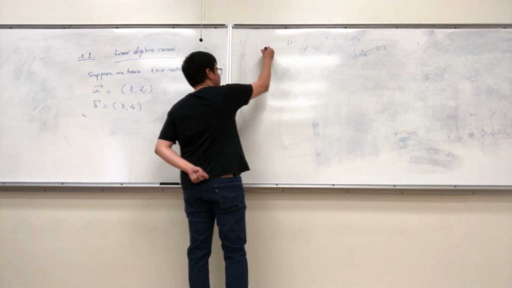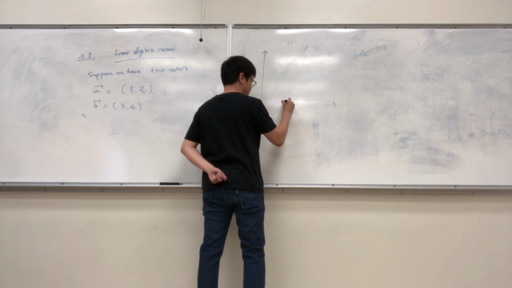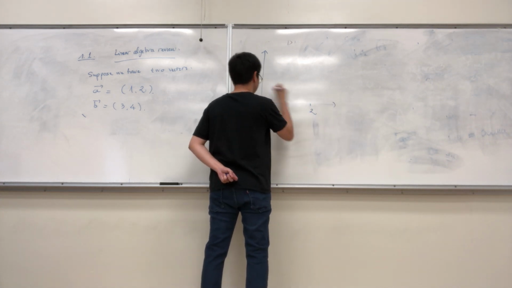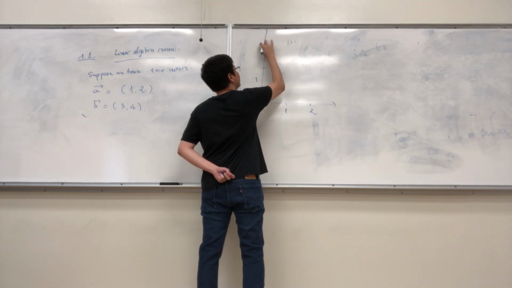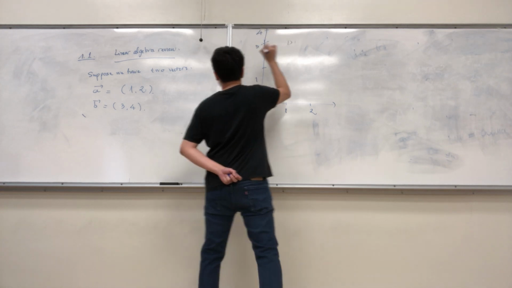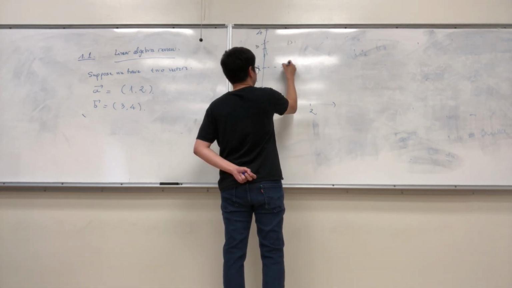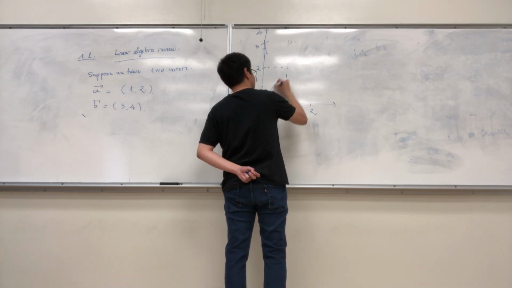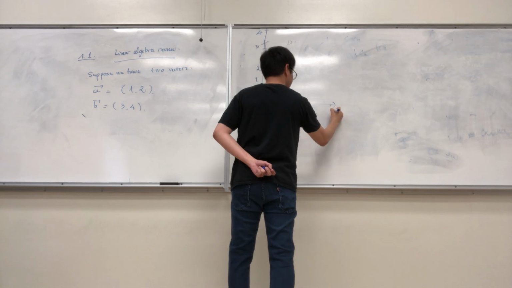So here I have the first vector, which is (1, 2). This is A. And the second one is (3, 4).